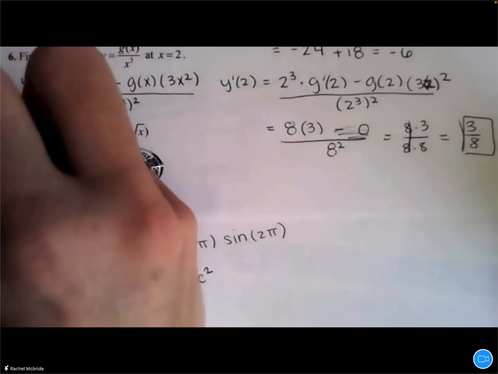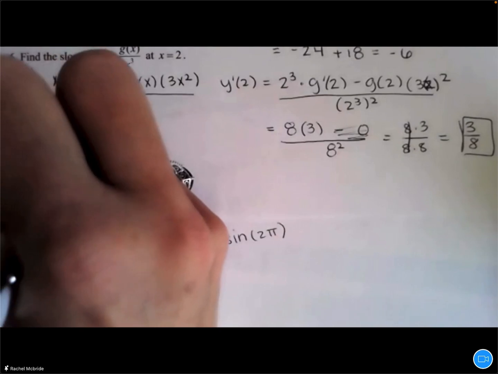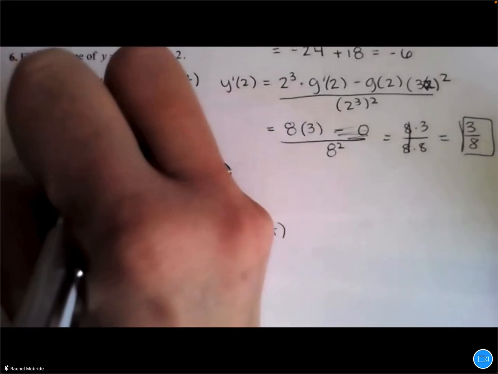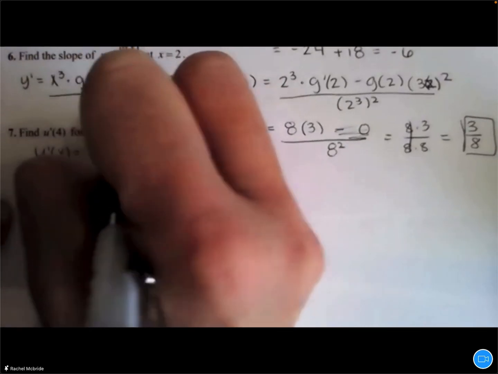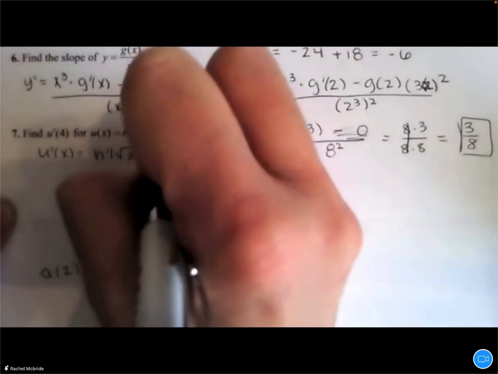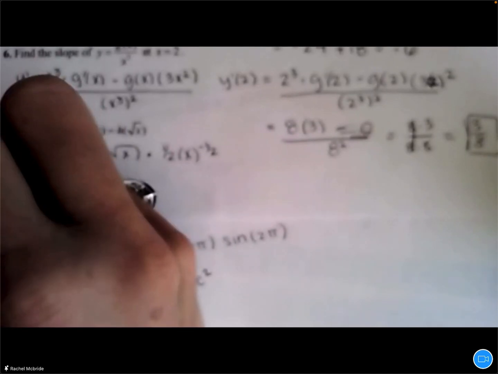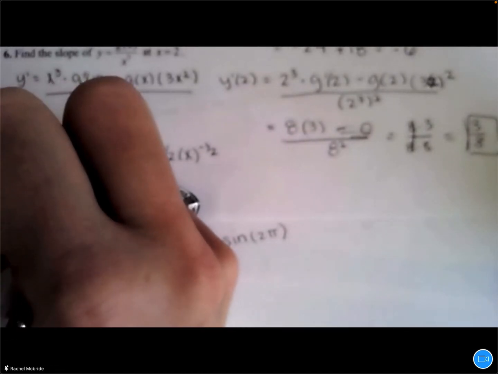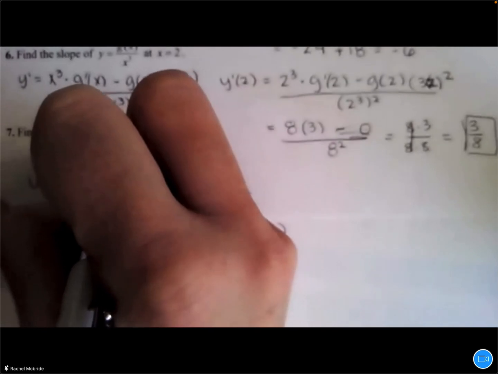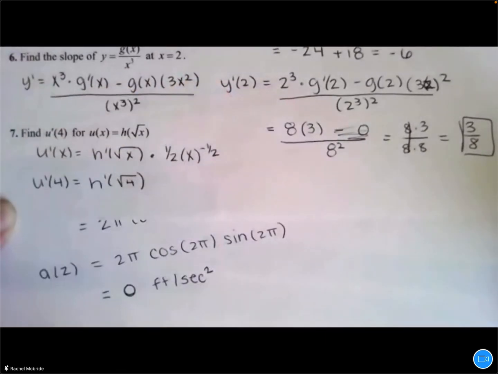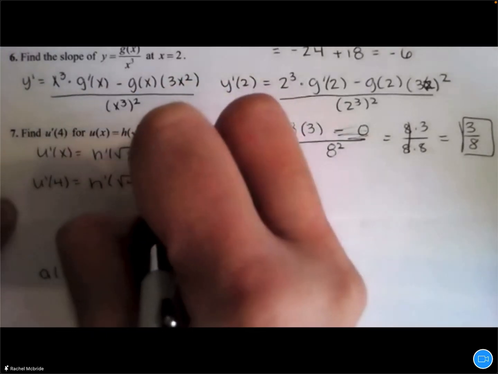Okay, and 7, u prime x, in this case is h prime square root x times derivative of the inside, which is 1/2 x to the negative 1/2. And then what's really nice about this is the 4. So like the square root of 4 is going to become 2.